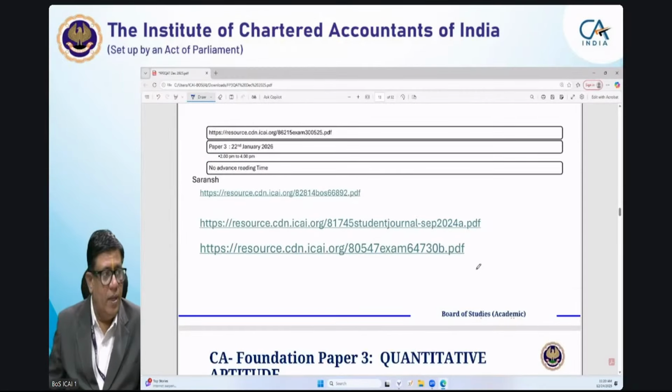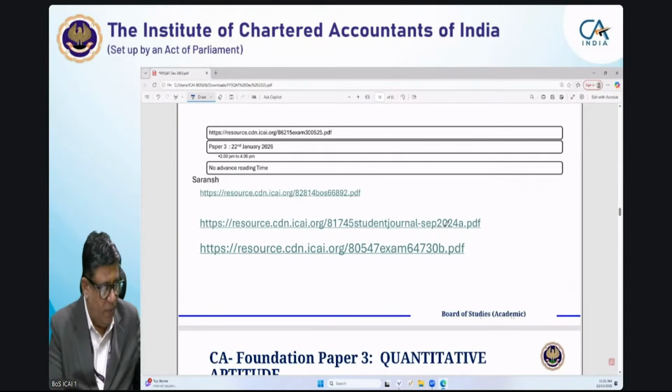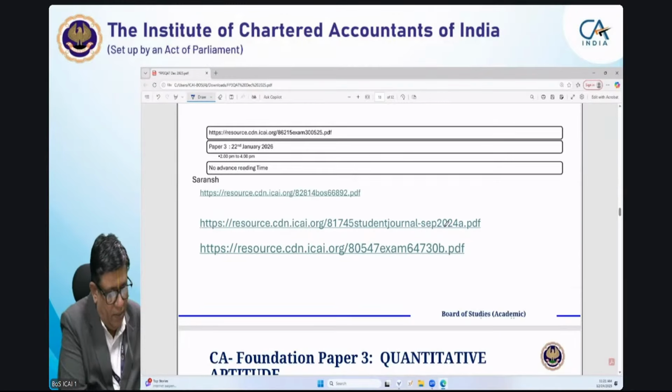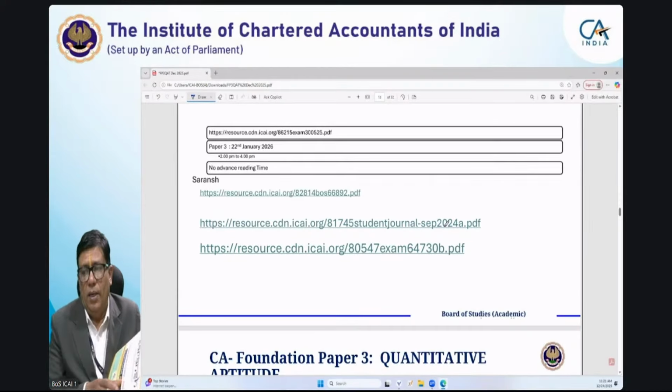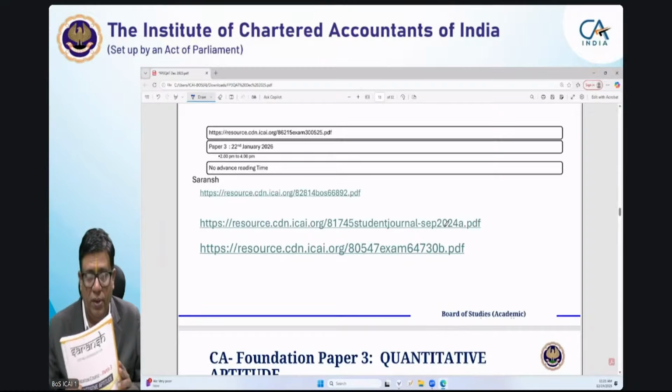And further, I want to guide you on some resources that are available. You can see the Sarans, one kind of material we have prepared in a very beautiful manner for each subject. Sarans is a quick reference material for the foundation level, for all the subjects. For mathematics, the quantitative aptitude paper 3 has been prepared very well, in a beautiful colorful manner.